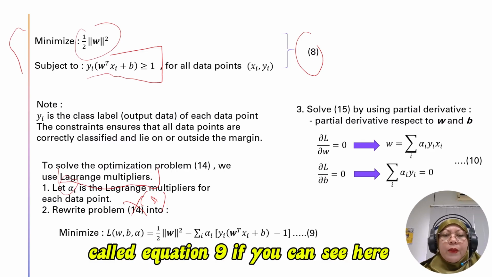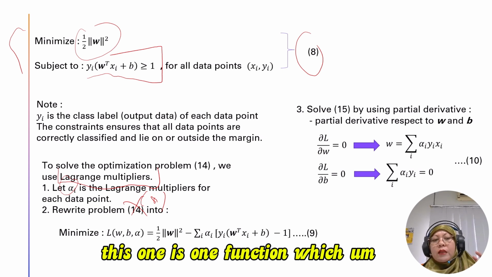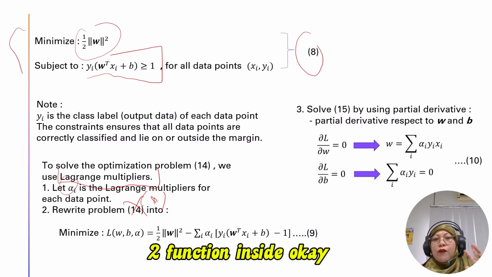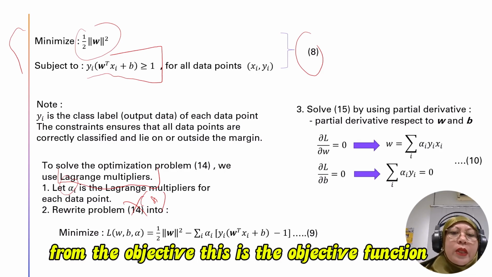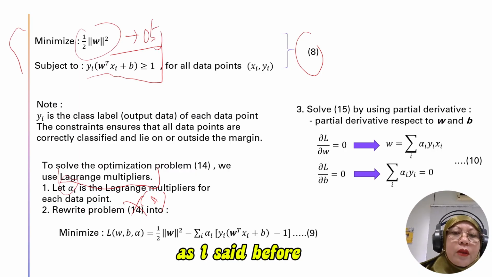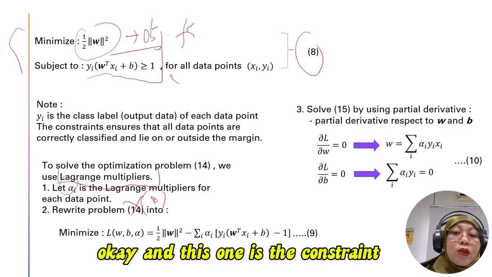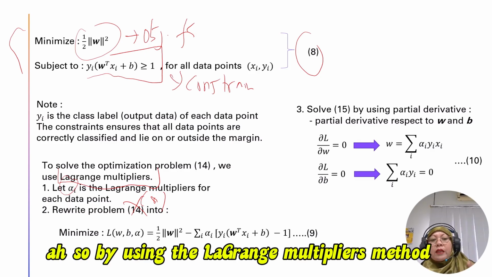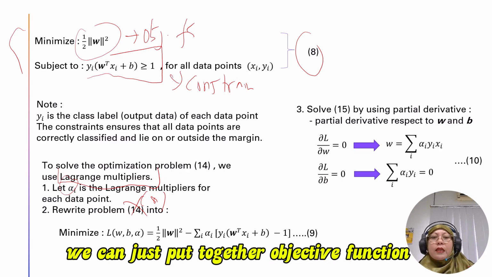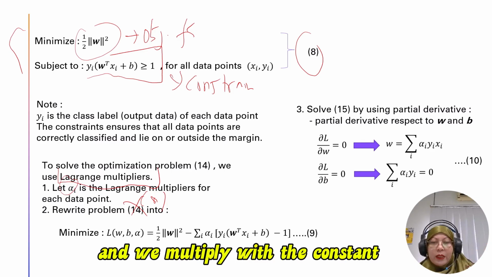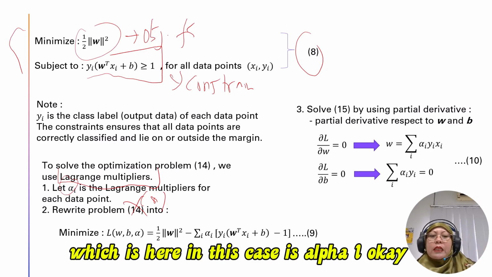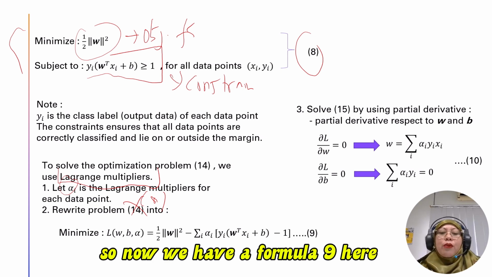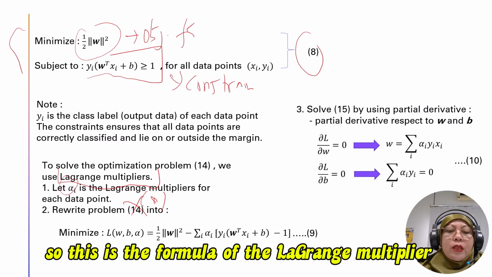If you can see here, this is one function with two functions inside. This is the objective function, as I said before, and this one is the constraint. By using the Lagrange multipliers method, we can put together the objective function and the constraint, and multiply with the constant, which in this case is alpha i. So this is the formula of the Lagrange multiplier.